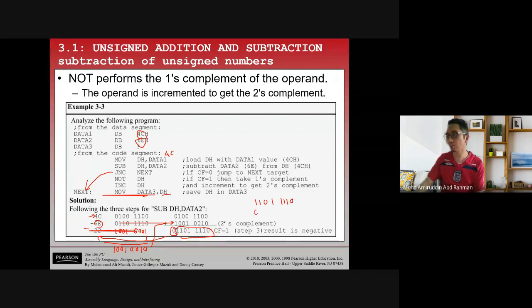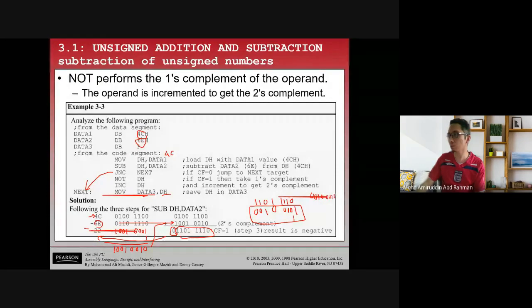Okay, so we have 0 0 1 0, and then we have 0 0 0 1. So you have this, and you add 1. So of course you have 0 0 1 0 and 0 0 1 0. So that is 22. So that's how you get the result.